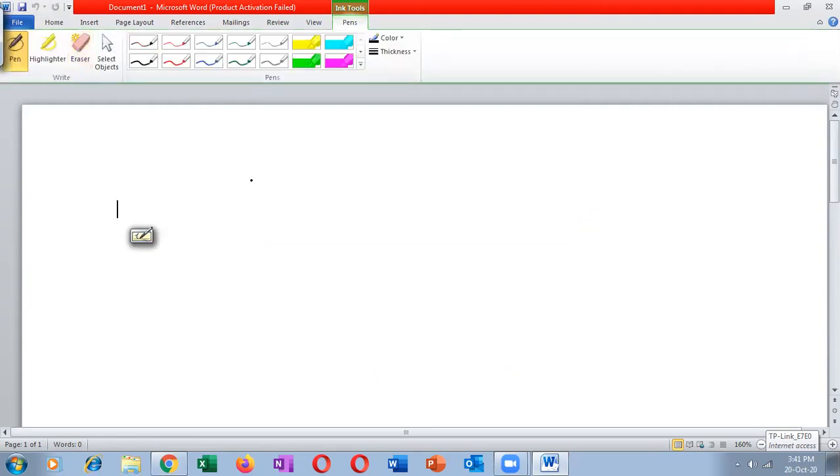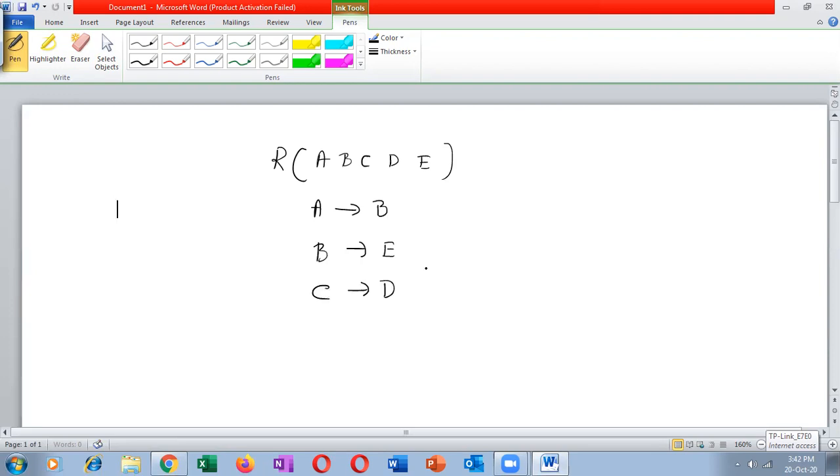Suppose this is my relation R, the attributes are A, B, C, D, E, and the functional dependencies are like this: A to B, then B to E, then C to D. So let me draw the schema diagram.